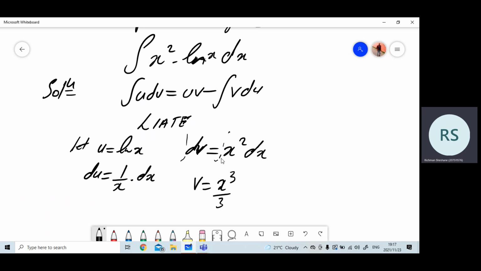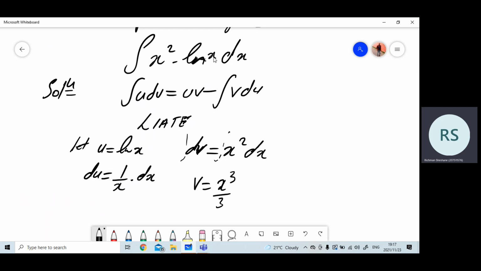After finding u and dv and du and v, you're ready to use this integral formula. So you're going to substitute everything into your formula to evaluate your integral. Okay, let's do that. Let me rewrite this.